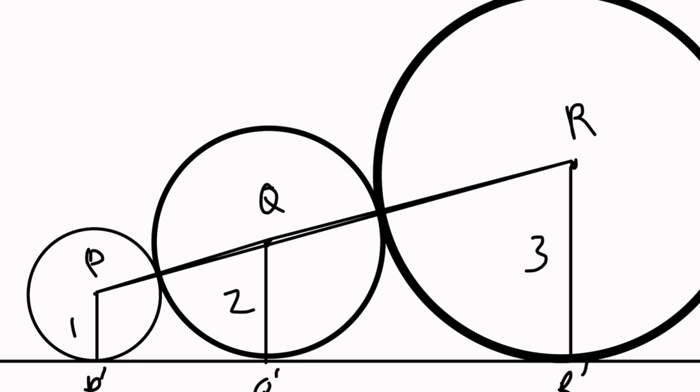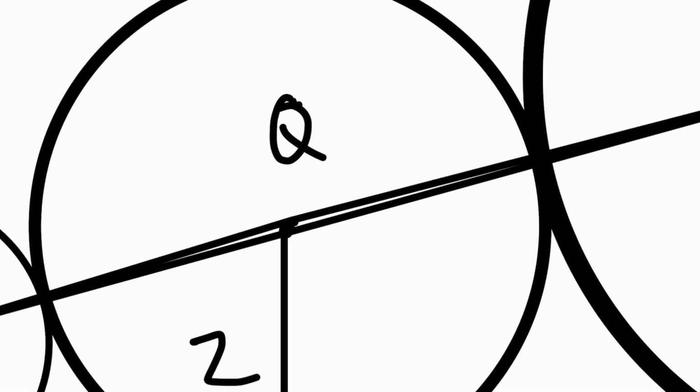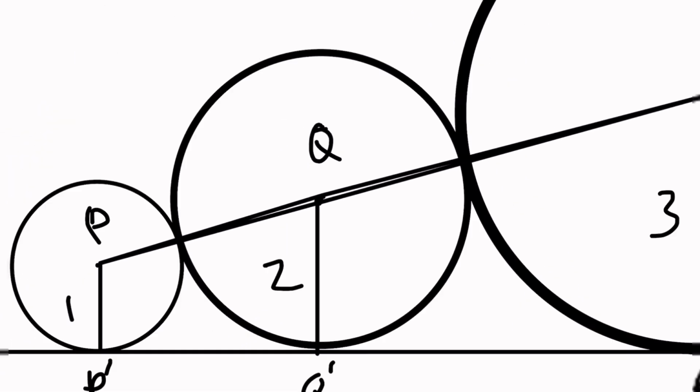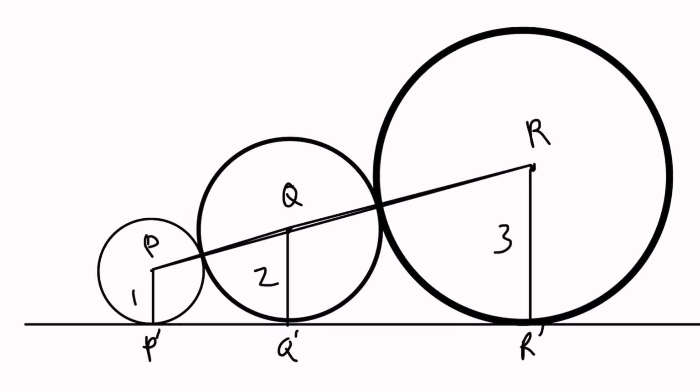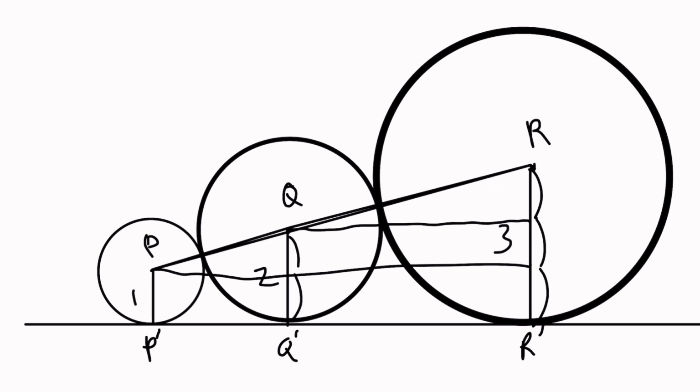It's very tiny, but you can see that there is area here that exists, right? And so we want that area, and so what we can do is put lines like this that are perpendicular to line L, and they will make this 1, 1, 1, and 1, 1, right?